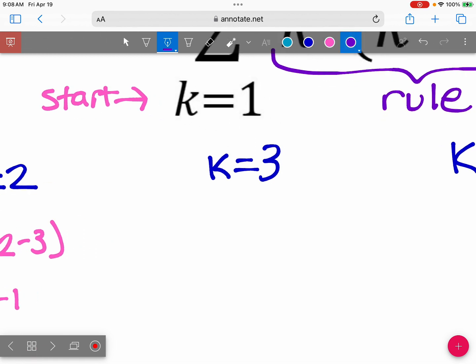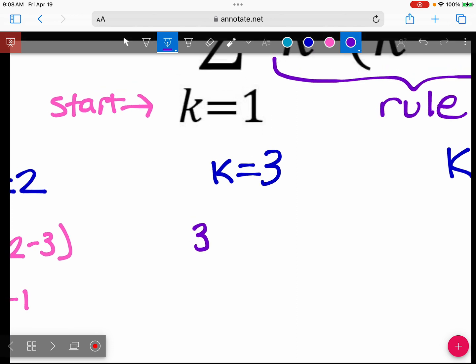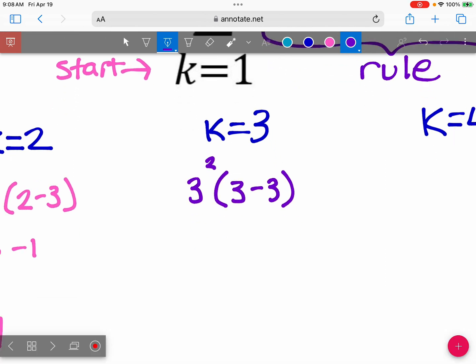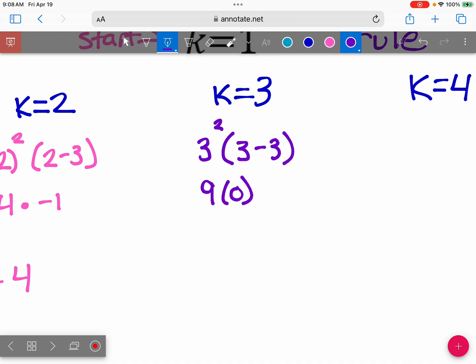Again with the 3, same process: 3 squared times 3 minus 3. So we have 9 times 0, also known as 0.